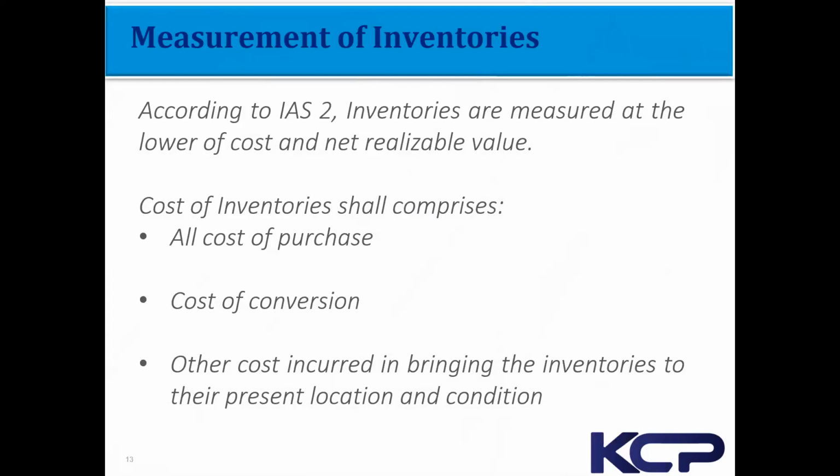Okay, so this is where we are. The cost of inventory shall comprise all costs of purchase, every cost of purchasing it, that's one. Cost of conversion, if it is a product that requires further processing, then you have conversion costs.